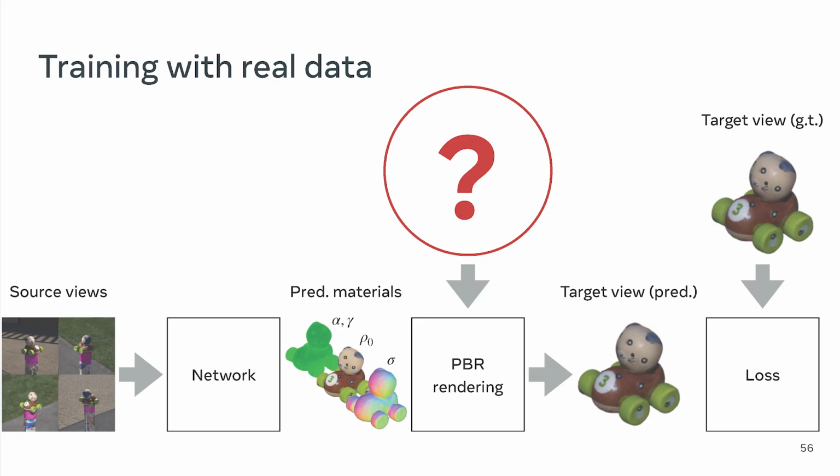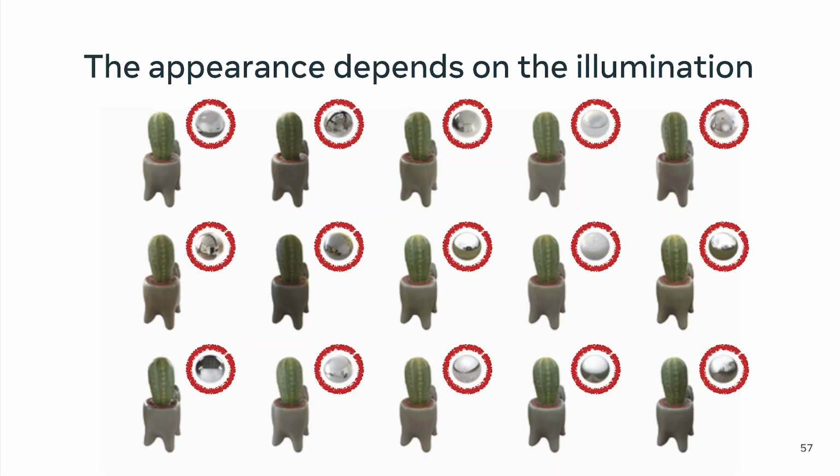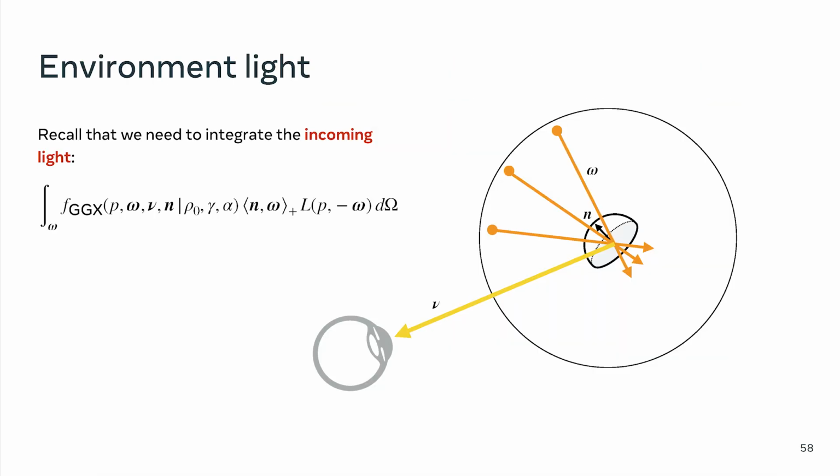That's good. But this is not enough, because to go from here to there, you also need illumination, right? This is missing here. Because if you change illumination, the appearance of your object will change accordingly. So in order to figure out the pixel value you're actually going to see in real life, you also need to estimate the illumination.